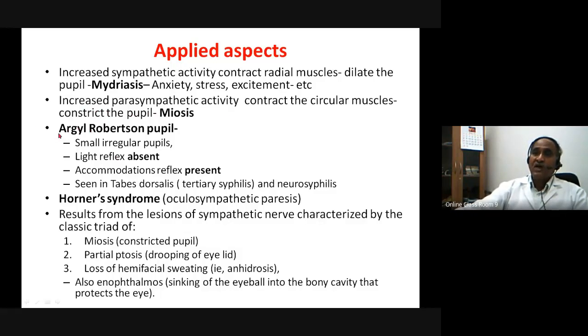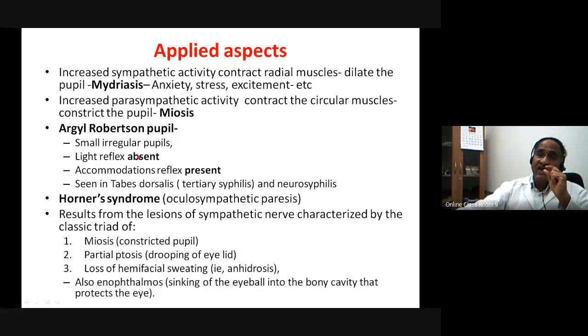Now comes Argyll-Robertson pupil. Argyll-Robertson pupil is a condition especially associated with tertiary syphilis. Nowadays it's not very greatly seen, or with neurosyphilis. And what happens in this condition? You will find small irregular pupils. The pupil size is smaller, that is miotic, and irregular. It's not perfect.